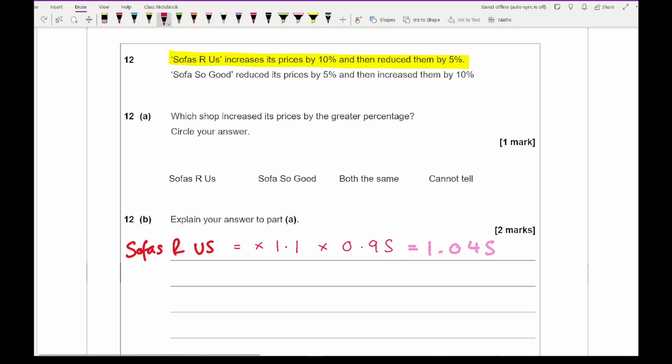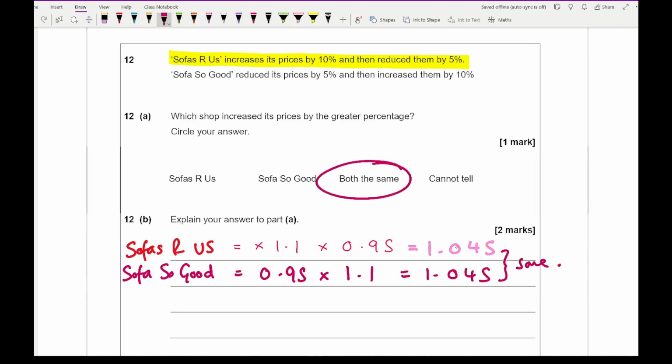Then Sofas So Good has an initial reduction of 5%, which is 0.95. I then multiply that by an increase of 10%, which is 1.1. And as you can see, those answers are the same. So the one I need to circle for part A is both the same, and then my working needs to be that.